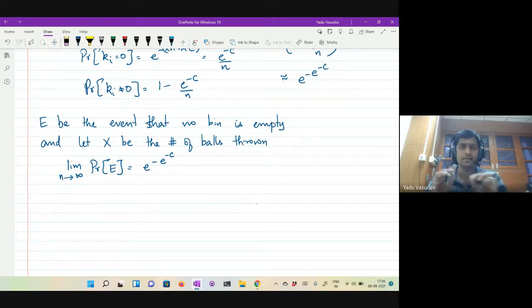We said that suppose you take the Poisson process, and suppose I condition on the event that the number of balls thrown is some k. So suppose you have the Poisson process where in each bin you put balls according to a Poisson distribution of mu, and now I tell you that the total number of balls that have been thrown is k. Then what you know is that the distribution of the balls is as though you have thrown k balls into the bins.